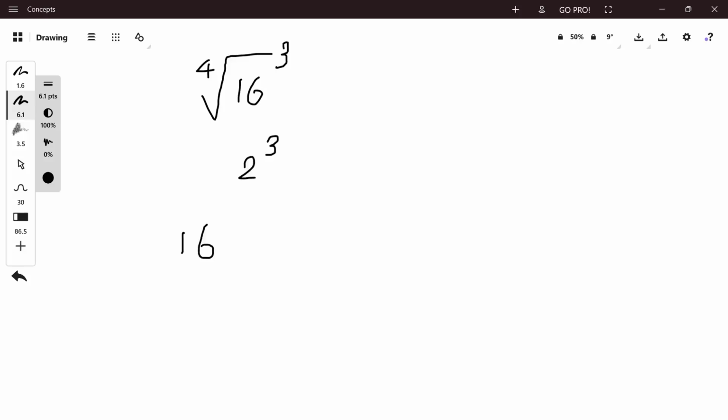So 16 to the power 3 by 4 is equal to 2 to the power 3, which is equal to 8.